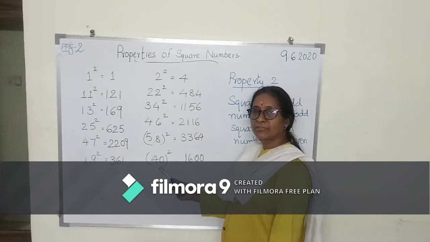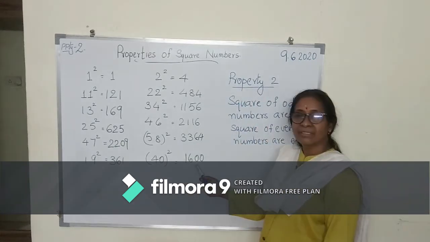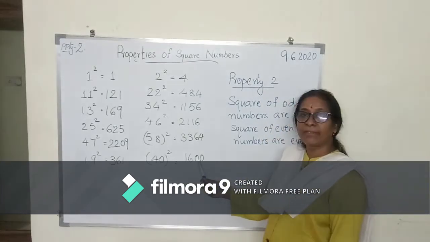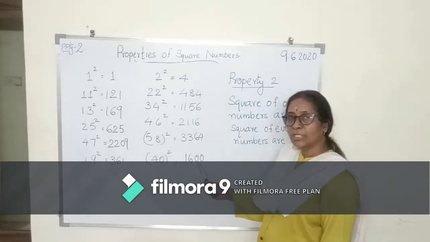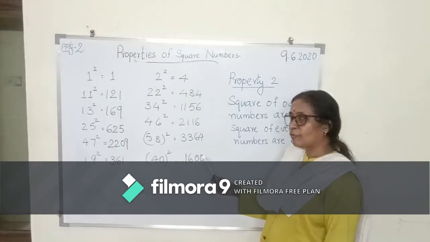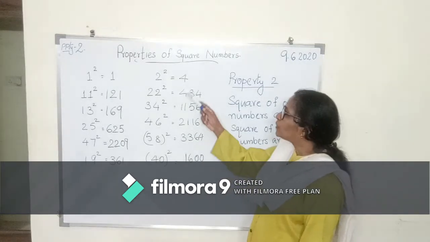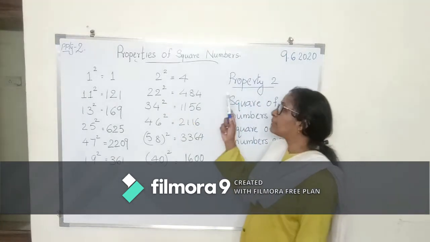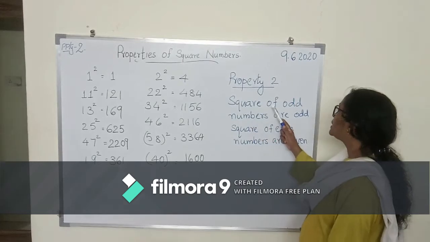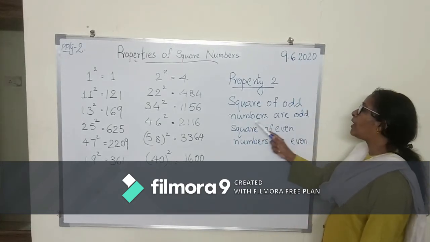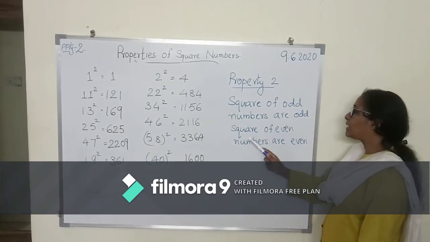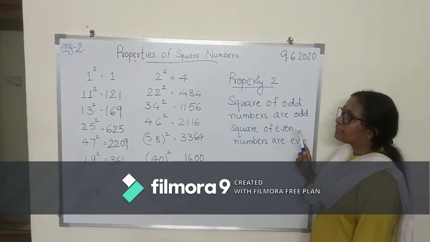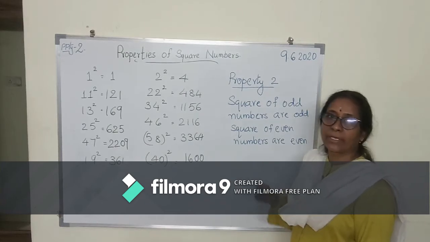And if it ends with zeros, it has an even number of zeros. That is a single zero here. Here you have an even number of zeros. That is 2 zeros or it can be 4 zeros. Okay, 4 or 6 or 8 like that. So the squares of even numbers are always even. So what is property number 2? The squares of odd numbers are odd and squares of even numbers are even. This is property number 2 of square numbers.